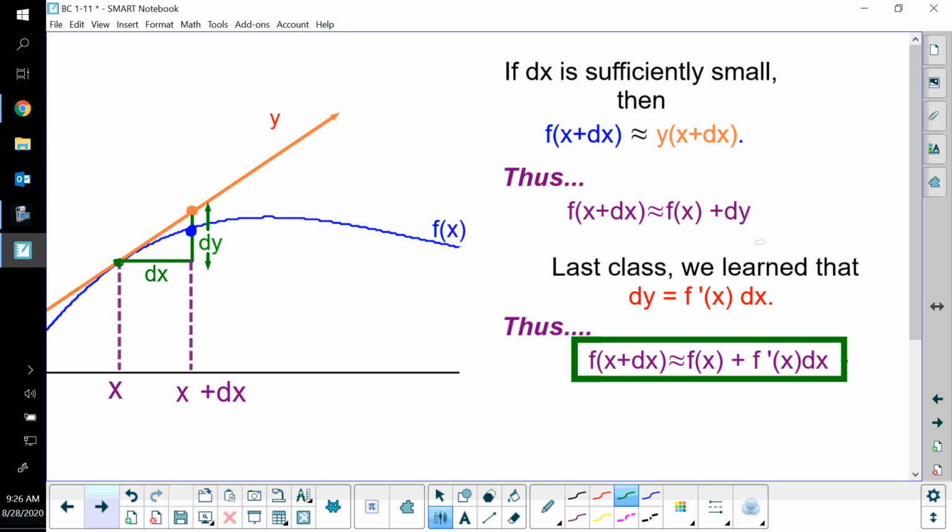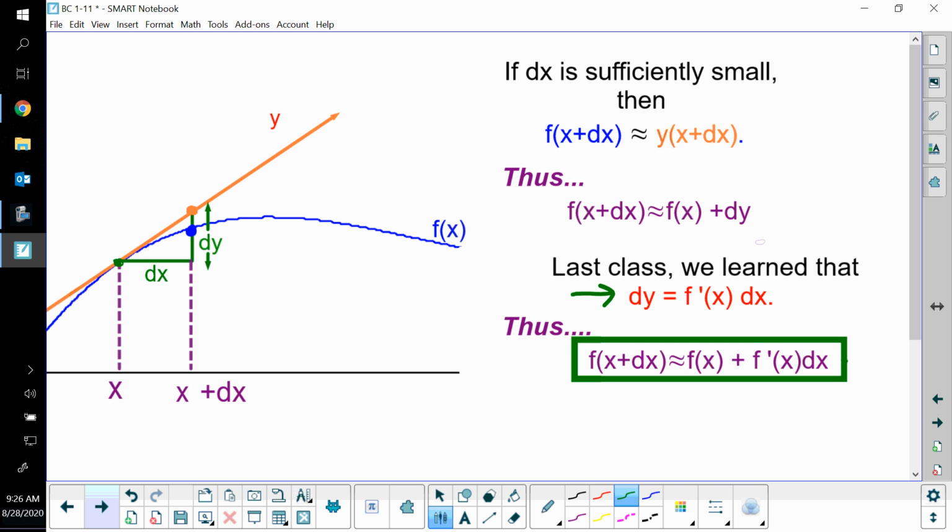So basically what we had from yesterday is this part in the red, that our differential is the same as f prime x times dx. So that's the slope of the tangent line at the point of tangency times the little bit of change in x value.